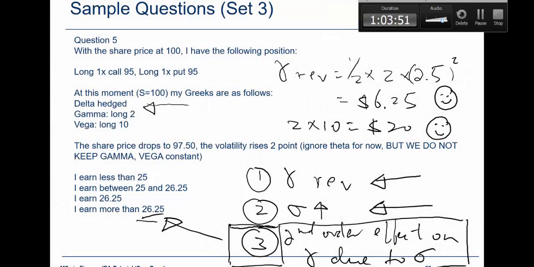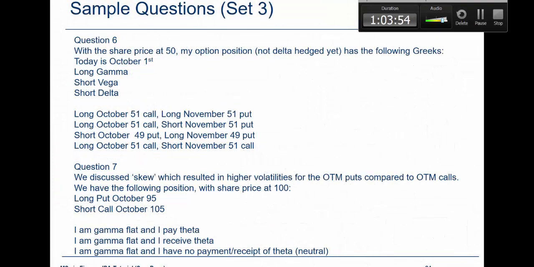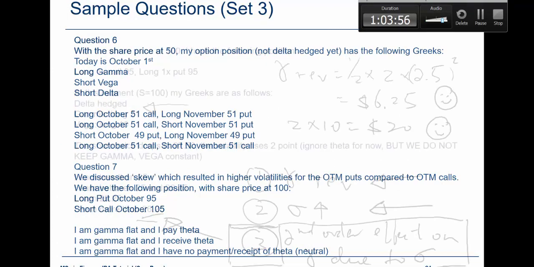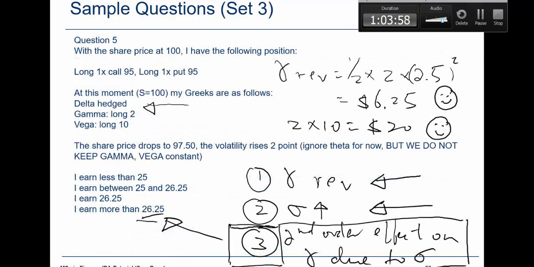Okay, now let's try to, if you are long the put, the delta is negative. Is that your question?